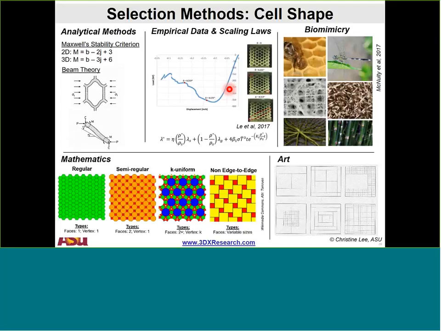There are 2 more domains where there's not necessarily a functional connection, but there are ideas buried in mathematics and art that are worthwhile assessing. So when I talk about the empirical work, the initial design that you pick could come from these areas, and then you can study them. So why is a k-uniform tessellation a good idea?